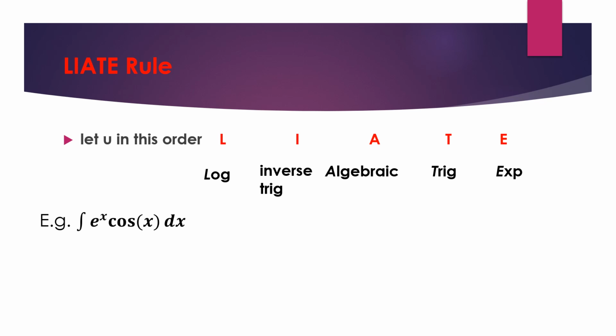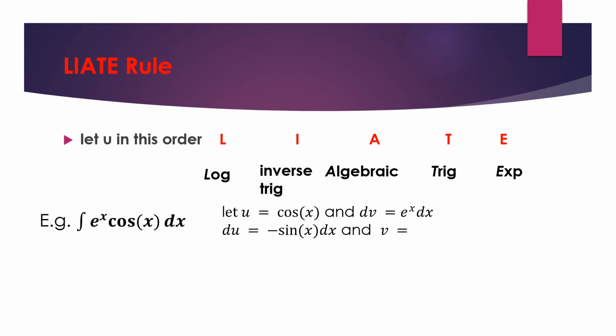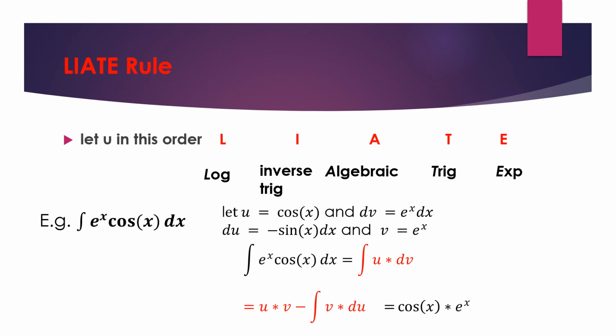So we let u equal cosine x, and then let dv equal e^x dx. Then we have du equal negative sine x dx, and v equal e^x. Using our formula, integral u dv equals uv minus integral v du, we'll have cosine x e^x plus integral e^x sine x dx.